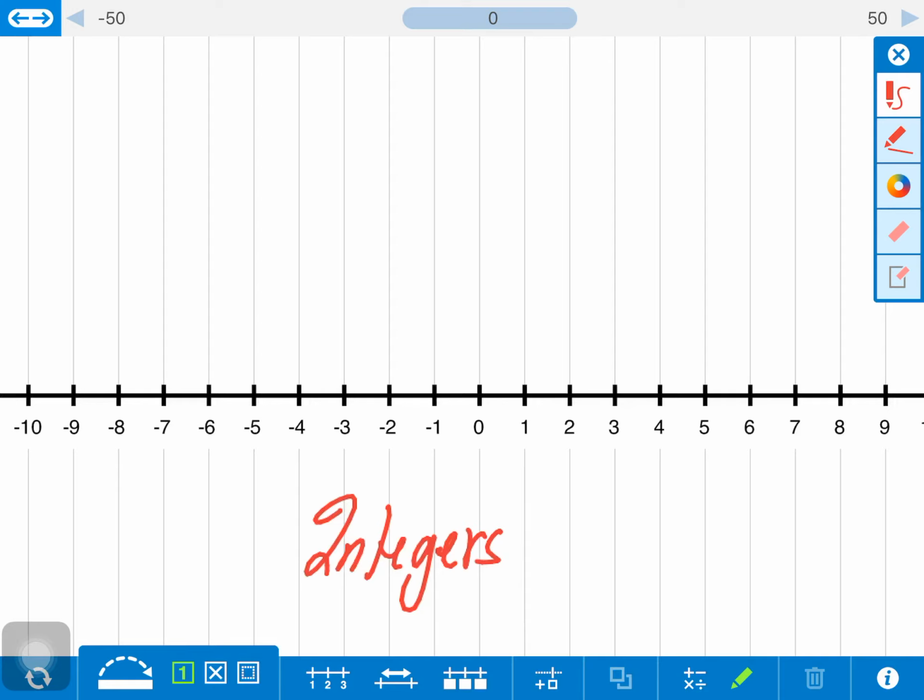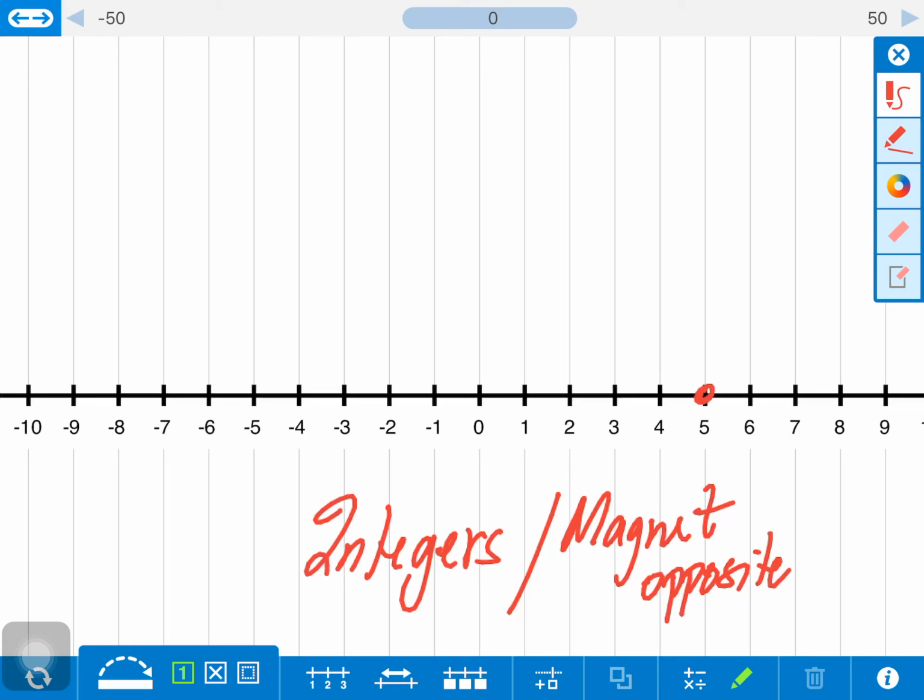This is something that I would like you to think about: if you add integers, we begin our operations with, of course, addition. Think of a magnet, the concept of a magnet, that opposite poles attract. I've mentioned the word opposite, just like positive 5.